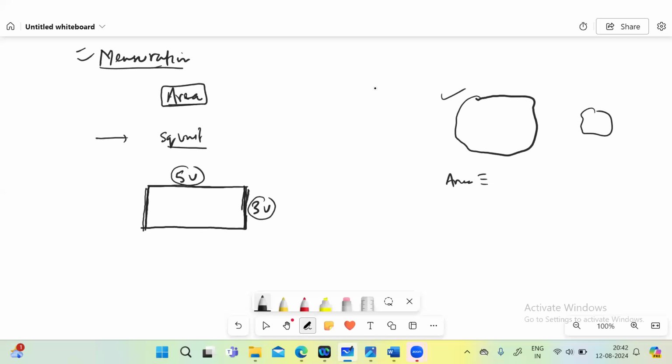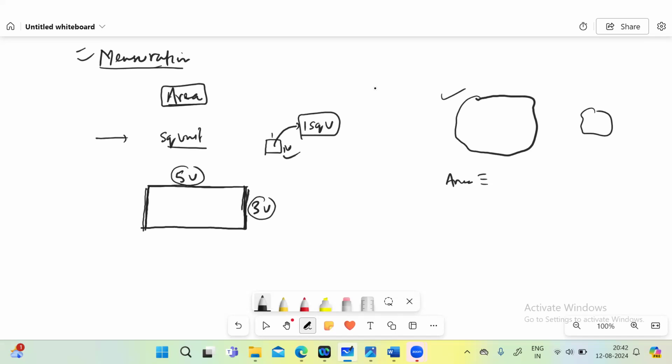What we try to see is how many squares of 1 unit by 1 unit there are, and this particular square will be called 1 square unit. It can be meter, centimeter, feet, anything.